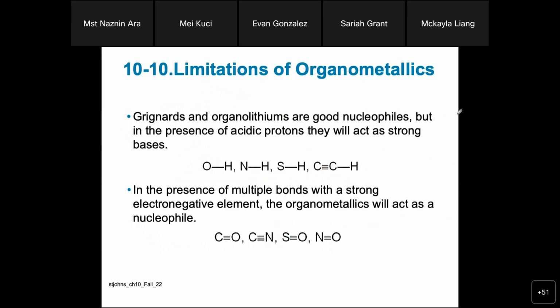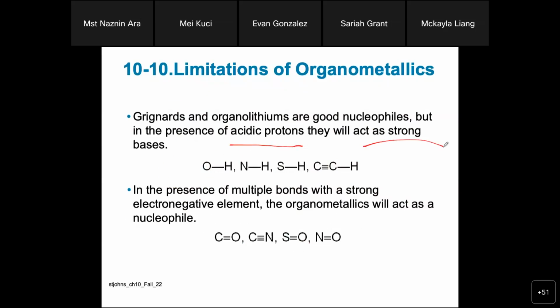Limitations of organometallics. Organometallics means the Grignard reagent and organolithiums. They are very good nucleophiles, but if there is an acidic proton, meaning a proton that comes from an acid or acidic compound, then they start to work as a strong base.